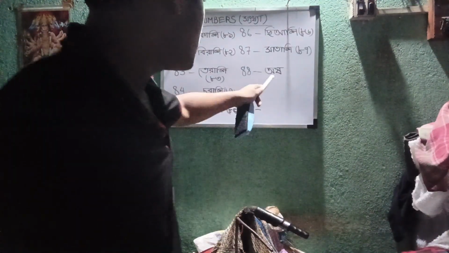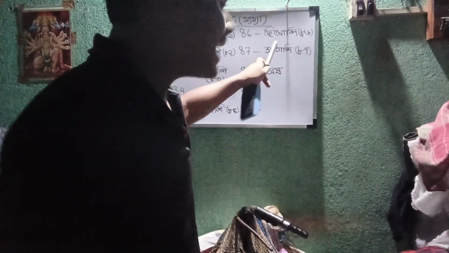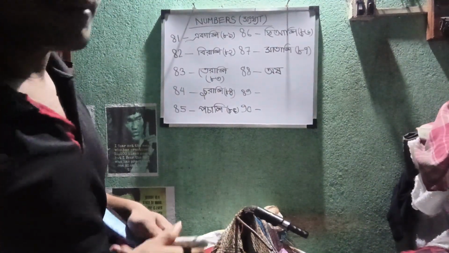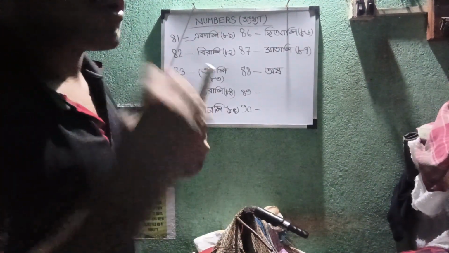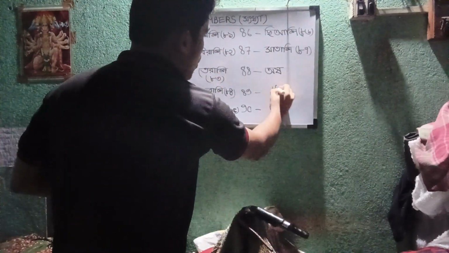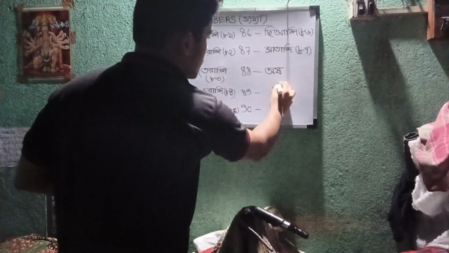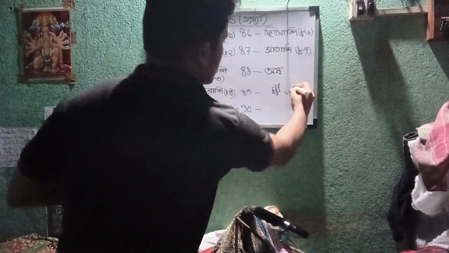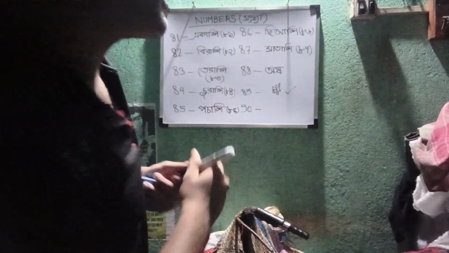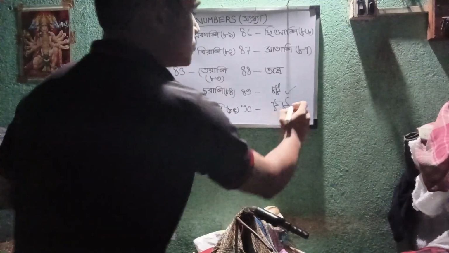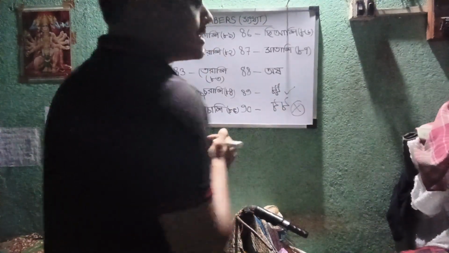Then we have to write to, like a double consonant. Double consonant means two consonants are combined together, like to and to. But if you write to and then to separately, this is not a double consonant.